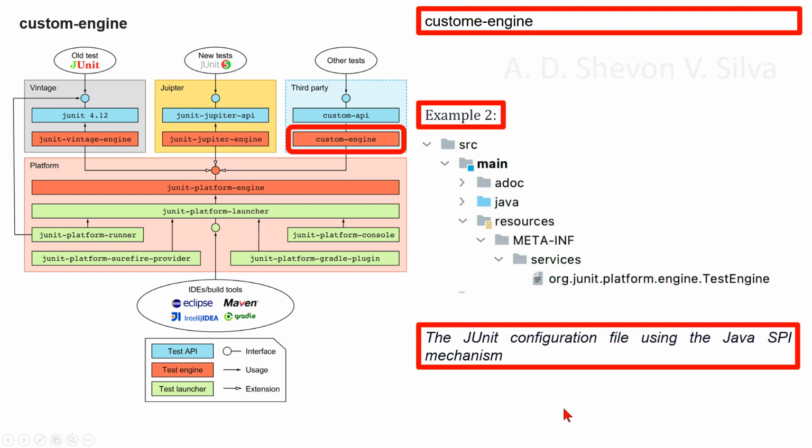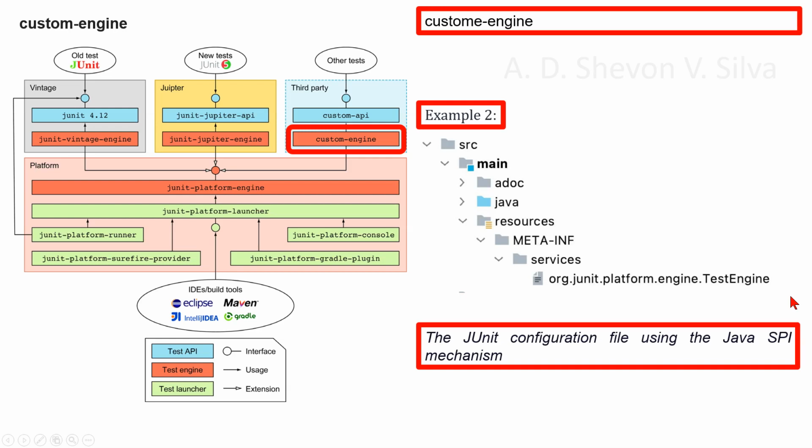As an example 2, we can consider the JUnit configuration file using the Java SPI mechanism. Test engine integration. This test engine class can be immediately executed in an IDE such as IntelliJ IDEA if two conditions are fulfilled.